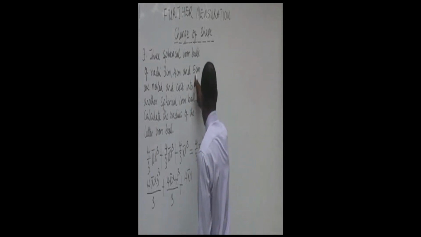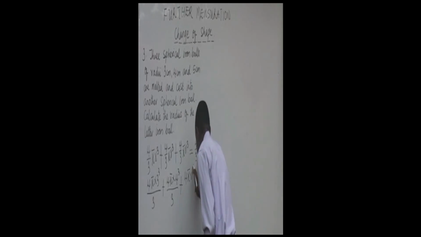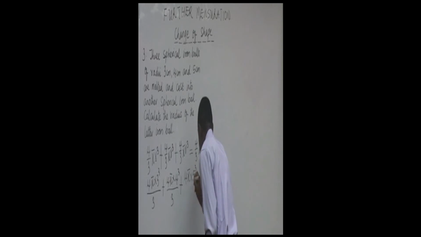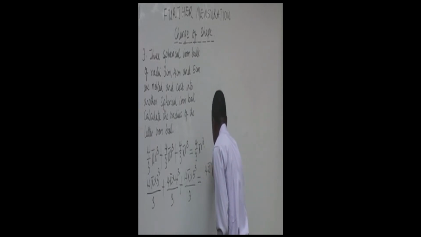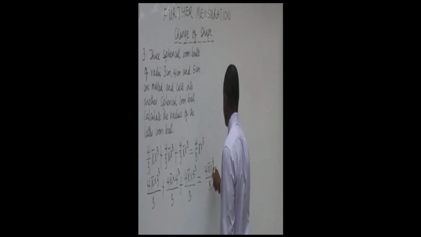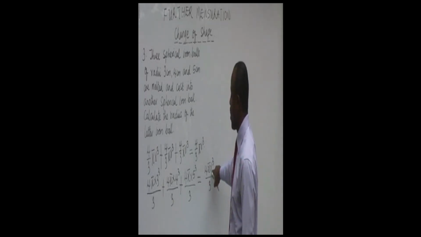The third one has radius of 5. So we have 4 pi times 5 cubed all over 3, is now equal to 4 pi r cubed all over 3. Remember, it is this radius now that we are looking for.